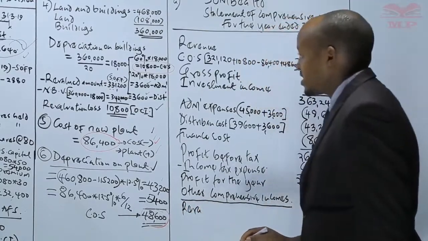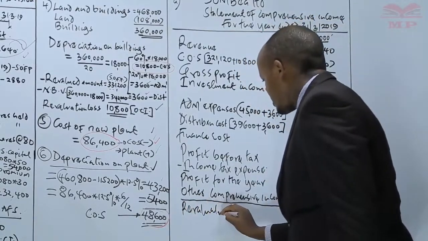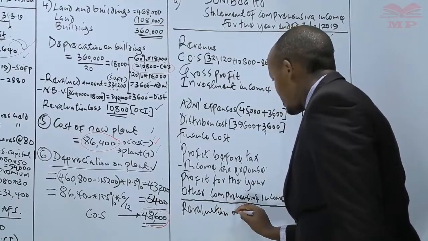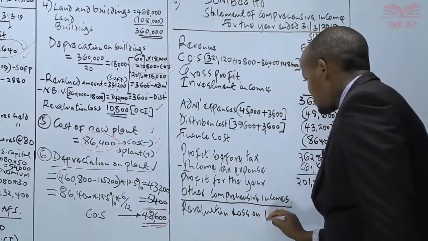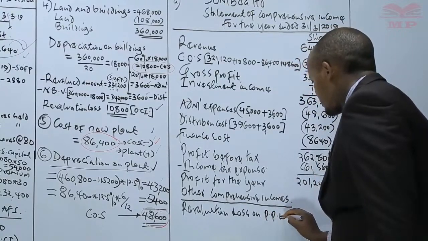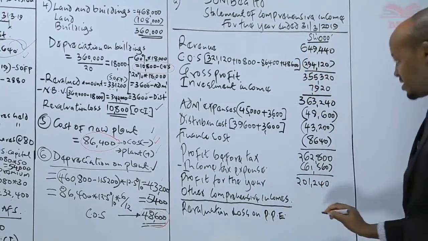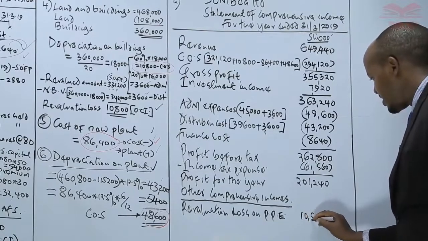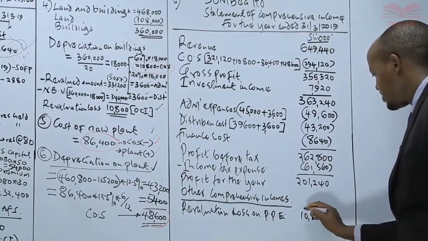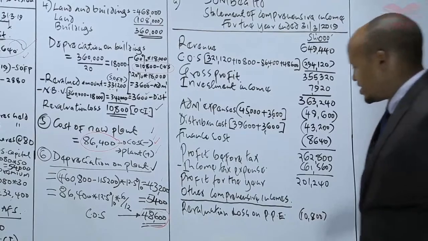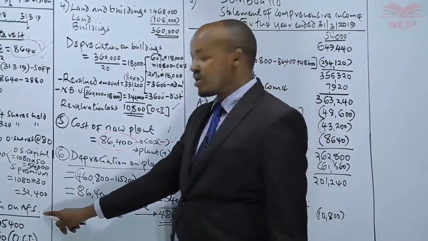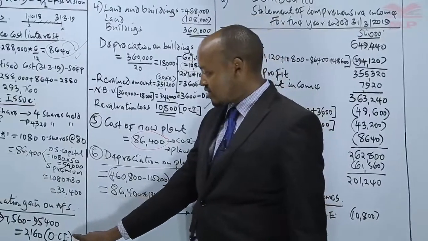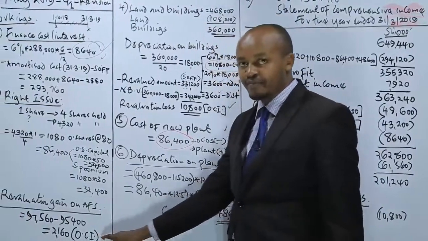Not revaluation gain, rather a revaluation loss, on buildings, or basically we can refer to that as PPE, because buildings is part of property, plant and equipment, which is 10,800. So being a loss, we take it as a negative, and then still we have this revaluation gain here on AFS. The revaluation gain on AFS is an amount of 2,160.